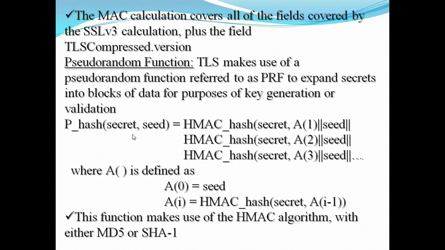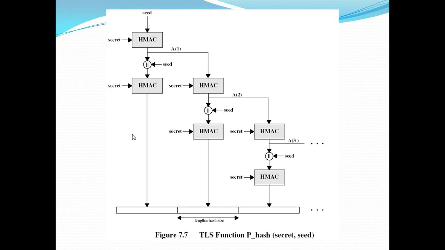That is about how TLS does hash computation. Initially there is a seed value and a secret value. You take the HMAC, then this happens continuously, repeating, with a link between the hash computations, previous hash to next hash.